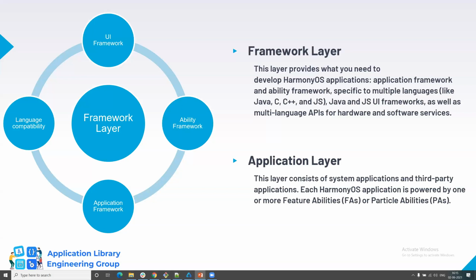Here, if you see the definition of the framework layer, it says this provides the application framework and ability framework and supports multiple languages. But there are two frameworks integrated as part of Harmony, that is the Java UI framework and the JS UI framework. JS here stands for JavaScript.